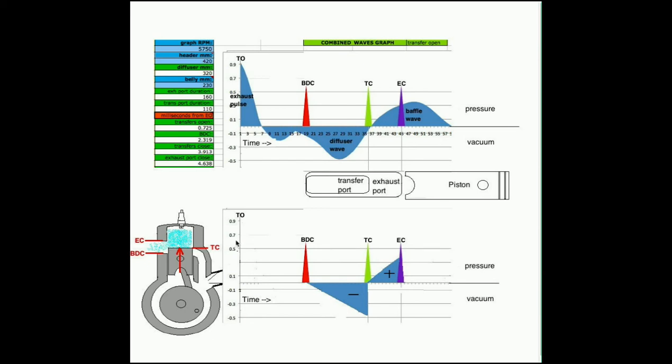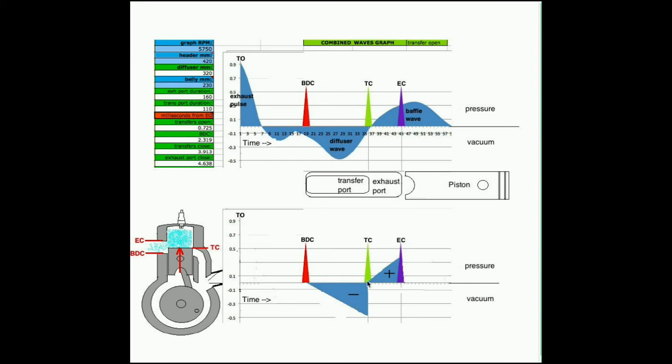So in an ideal world, this right here is a representation of what would happen between bottom dead center and transfer closing. You would have additional suction applied through the exhaust port to the cylinder.